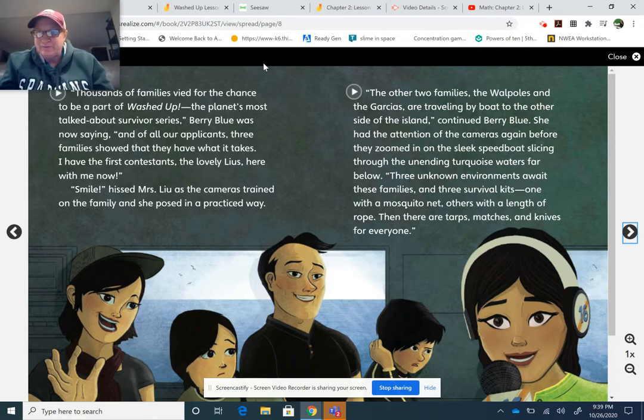The other 2 families, the Walpoles and the Garcias, are traveling by boat to the other side of the island, continued Barry Blue. She had the attention of the cameras again before they zoomed in on the sleekest speedboat slicing through the unended turquoise waters far below. 3 unknown environments await these families, and 3 survival kits. One with a mosquito net, others with a length of rope. Then there are tarps, matches, and knives for everyone.